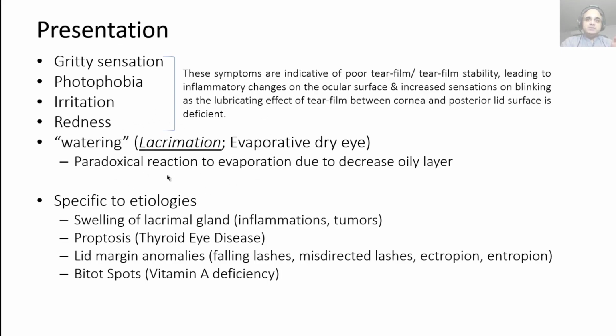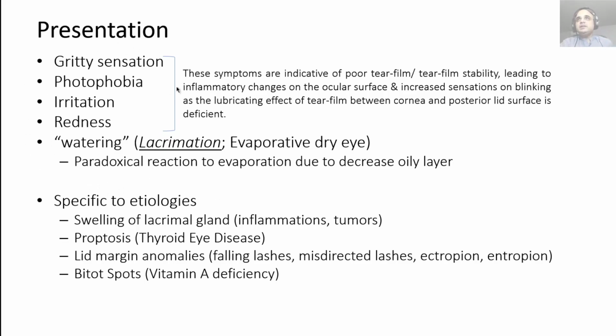And this is lacrimation because there is excessive tear production. So this watering is a paradoxical phenomenon that is seen in evaporative dry eye, simply because of excessive stimulation to your lacrimal gland in response to an evaporative dry eye, which overwhelms the capacity of the eye to drain the tears, so you start experiencing watering.